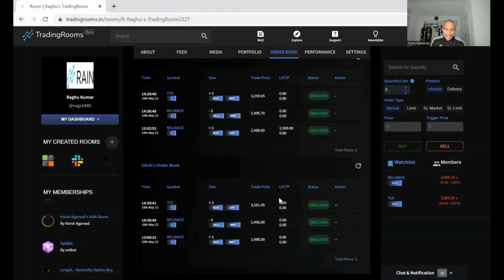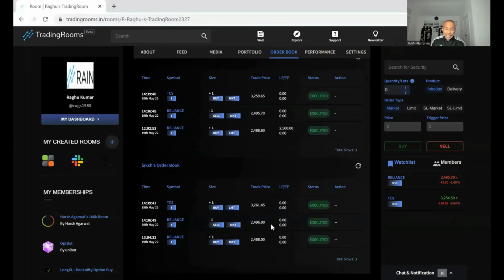But on Lakshmish's account, he is trading live, and his order is going through on the NSE. By the time that order gets taken, there may be a slight lag. That's exactly what happened here.